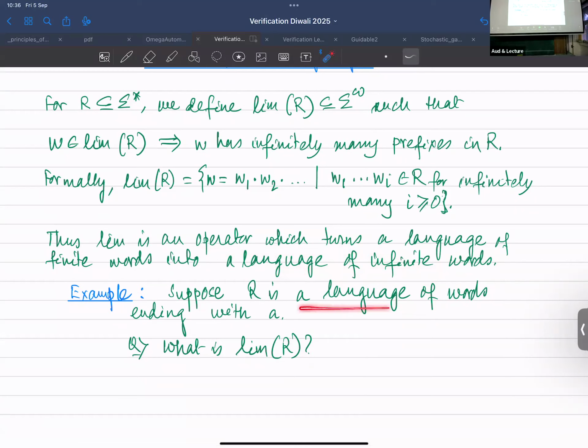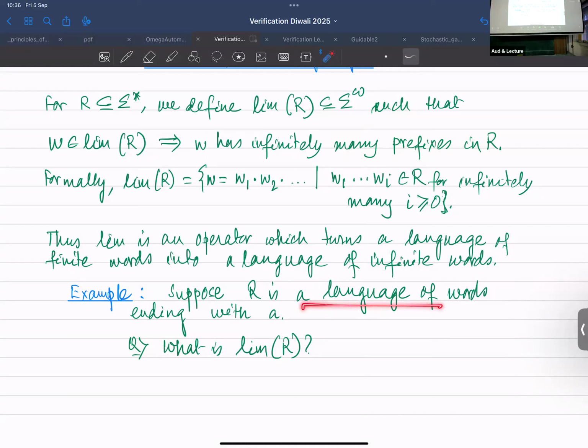Now, I just said something which is not quite correct. If you consider any R over a set of finite words, you can define the limit of R. It doesn't necessarily have to be a regular language, but when we see the characterization, we use R as a regular language.